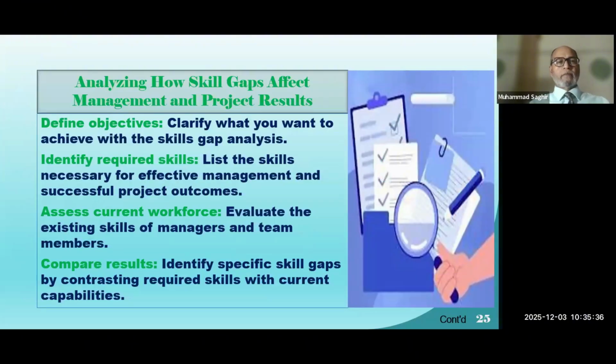We also analyze how skill gaps affect management and project results. Define objectives. Clarify what you want to achieve with the skills gap analysis. Identify required skills. List the skills necessary for effective management and successful project outcomes.